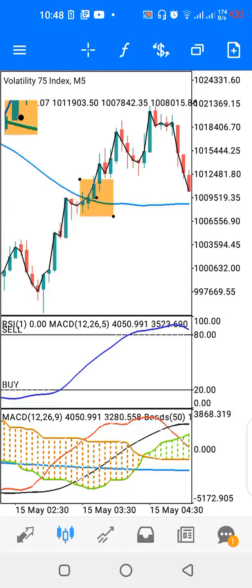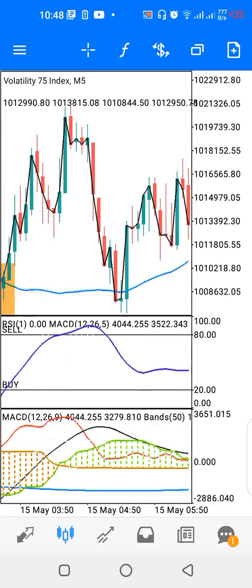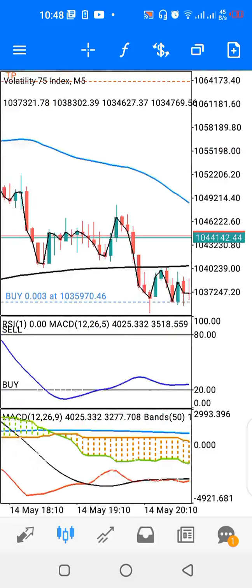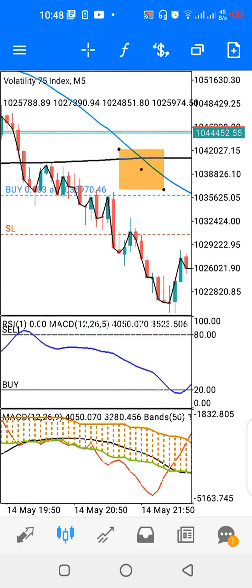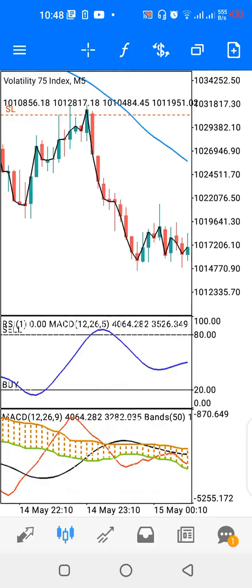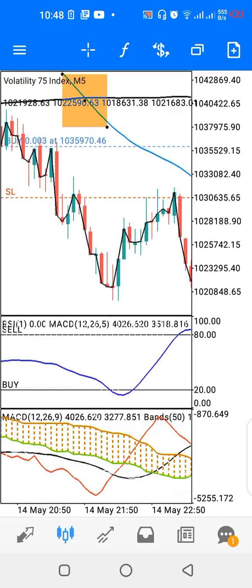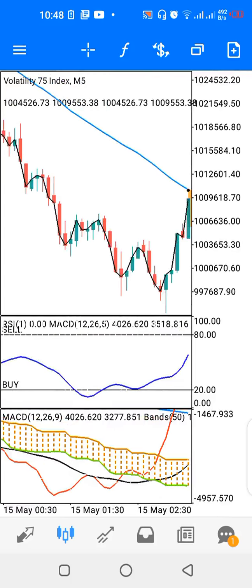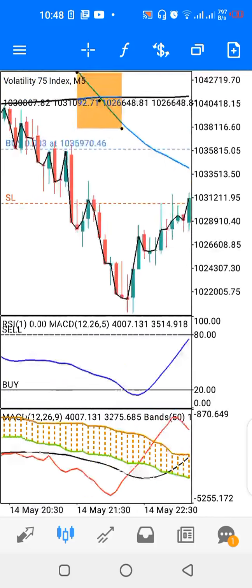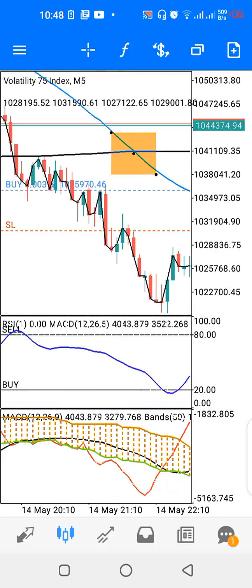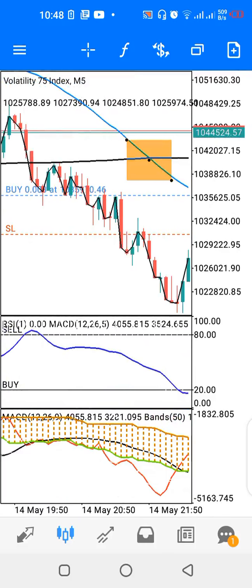This one is your entry trigger moving average, in the sense that if the blue line goes below the black line around here, your trigger moving average will always stay on price as it is.